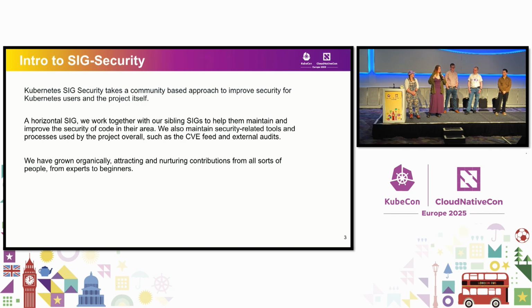Anyone can write a bug, anyone can write bad advice on a blog post, anyone can write a design that has failed to take adversarial nature into account. And if it's the case that we all have the power to make Kubernetes insecure, then it seems obvious to me that also we all have the power to contribute to making it secure. And so that is the approach that we take.